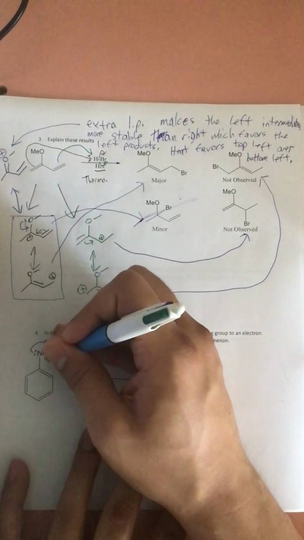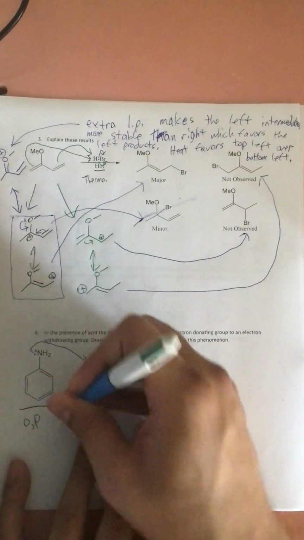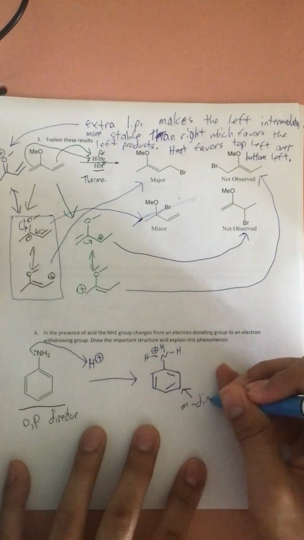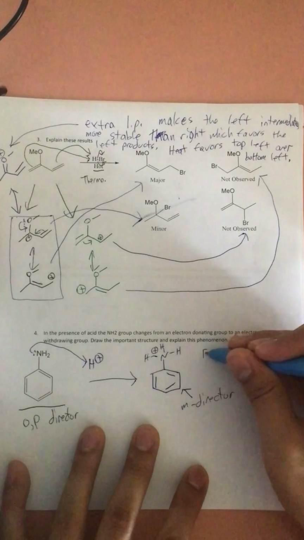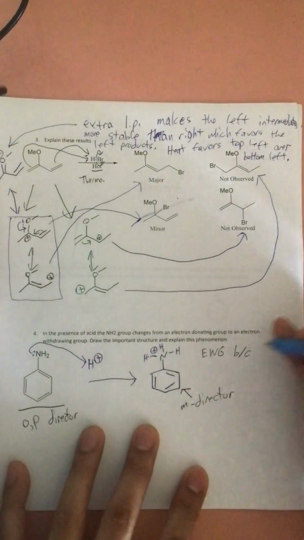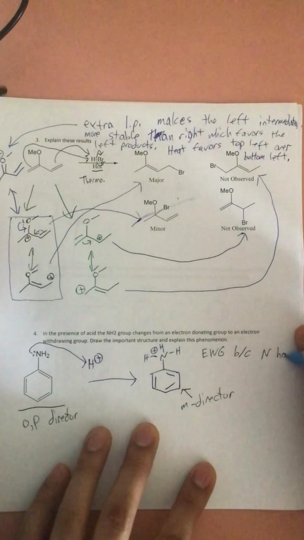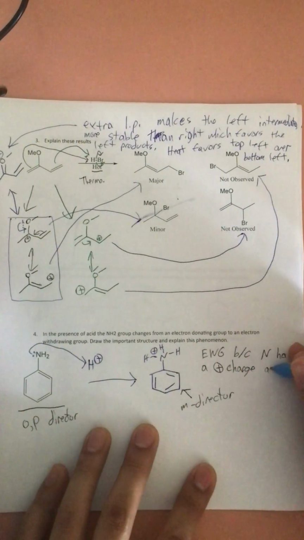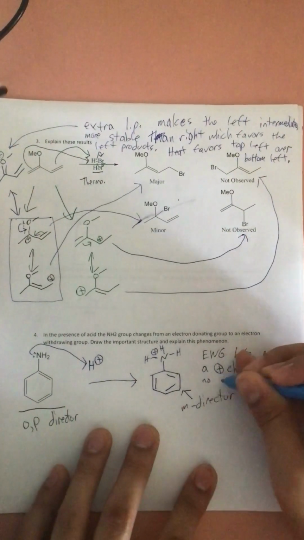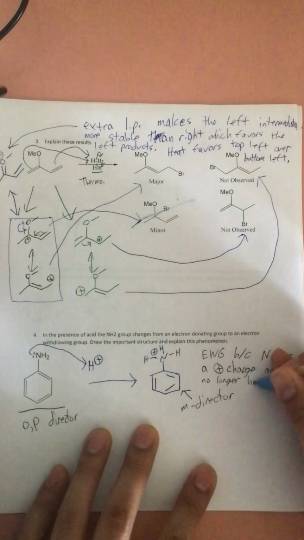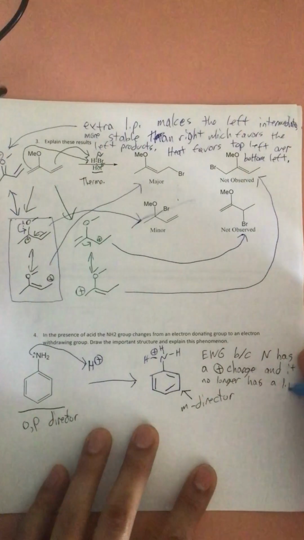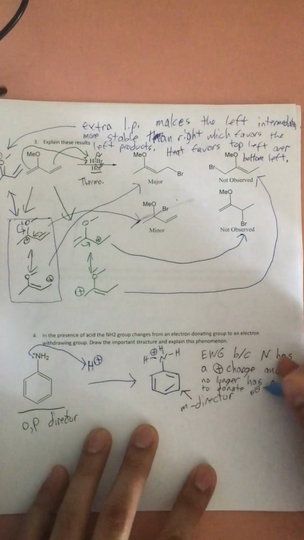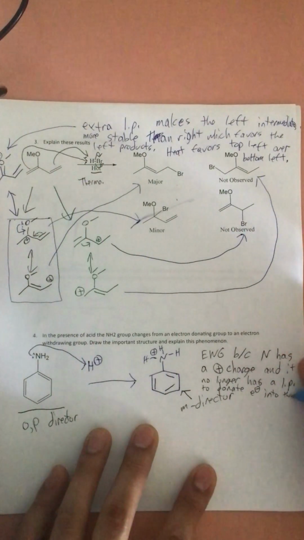But remember, the reason why this is going to be a meta-director and electron withdrawing group is because N has a positive charge and it no longer has a lone pair to donate electrons into the ring.